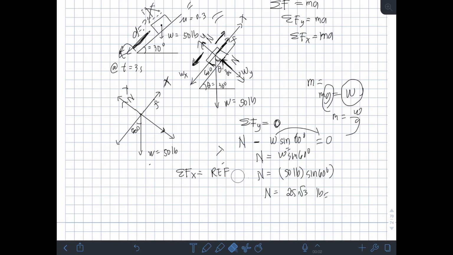Or equal din siya sa W over g times a. Kasi itong mass is equivalent sa W over g, right? Okay? Pero, the proper way talaga is, sa free body diagram natin, is i-consider natin yung REF. So, lagi, opposite yung REF sa direction ng acceleration. So, diba, downward yung motion natin. So, therefore, yung acceleration natin dito is pababa.